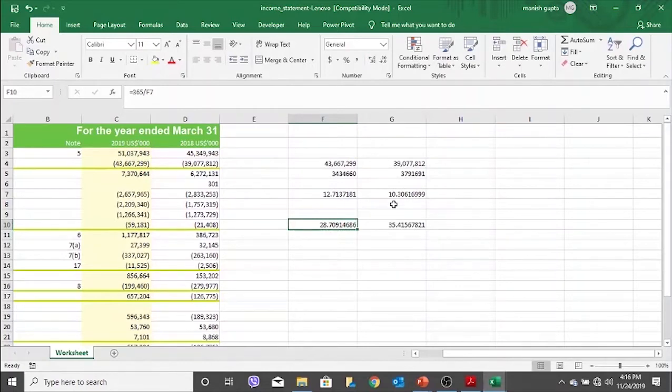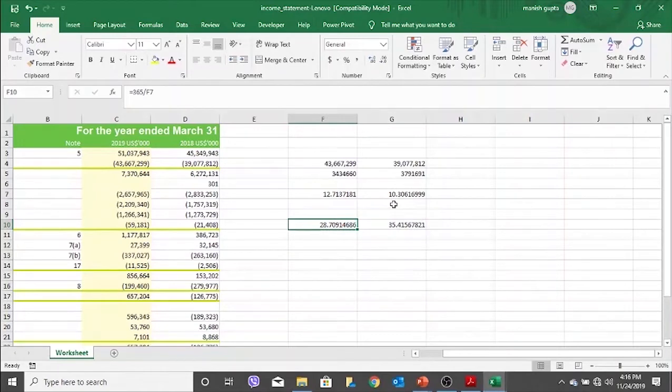Is it high or low? High. If they hold one phone on their shelf and it doesn't sell for 28 days, that is considered high, correct? But you need to see what the competitors are.